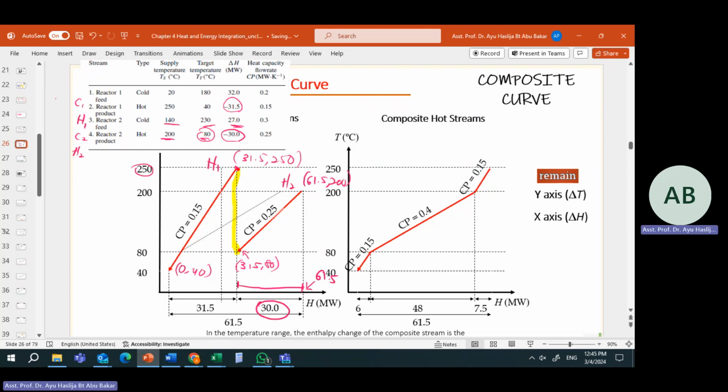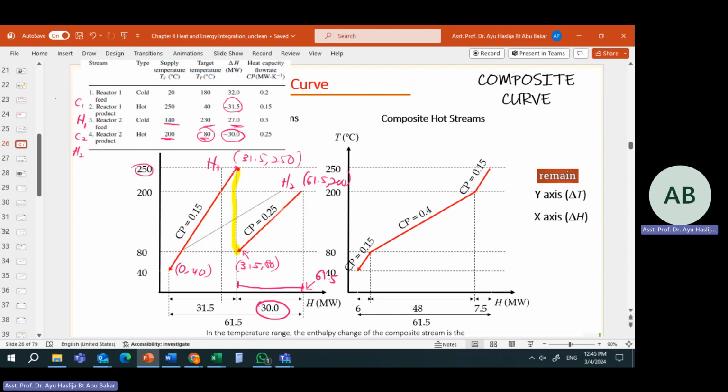Up to there, can? You must know how to plot each of the streams first. When H1 finishes there, H2 will start from there, every time.